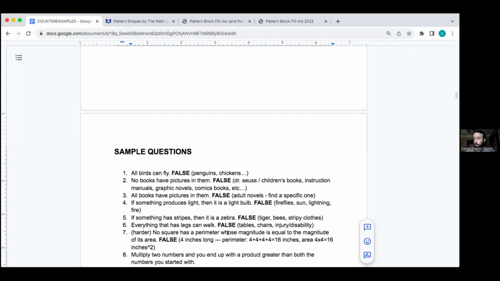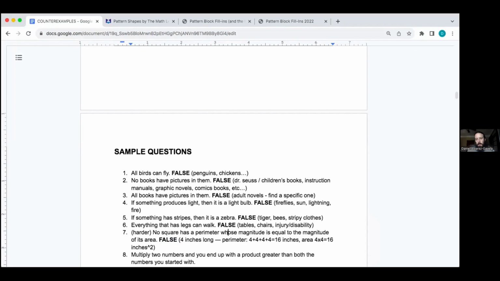Is that true? If it's false, I need a counterexample. Is it true that if I multiply two numbers, you always end up with a product greater than both of the numbers that you started with?